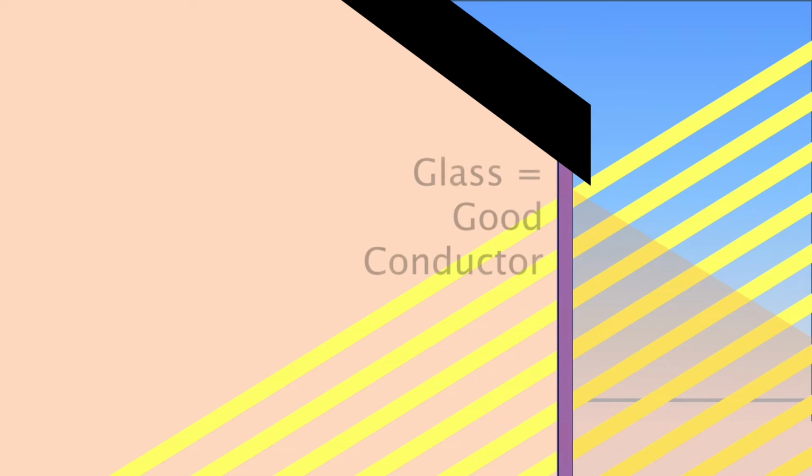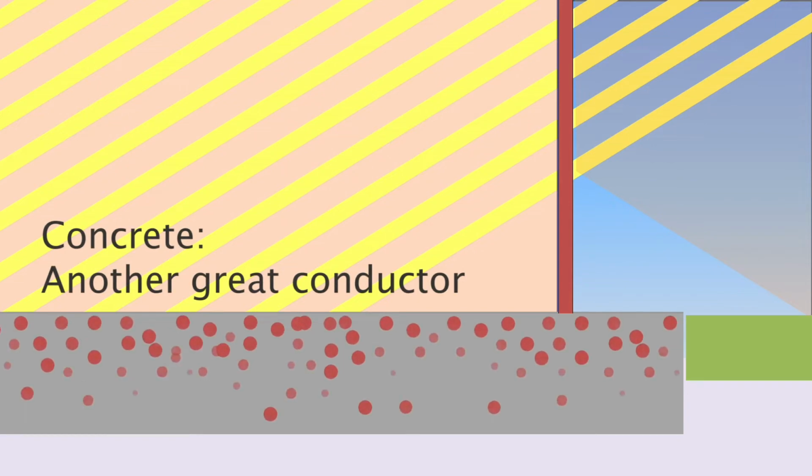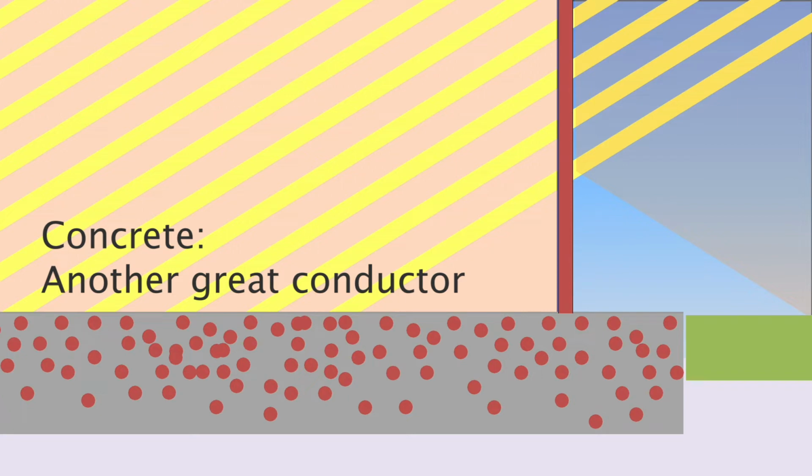If the surface material, like glass, is a good conductor of heat, it will absorb most of the heat energy into itself while re-radiating less. Dense materials such as concrete, masonry, and tile also do this well, and thus have good thermal mass storage capacity. We will look at this later.